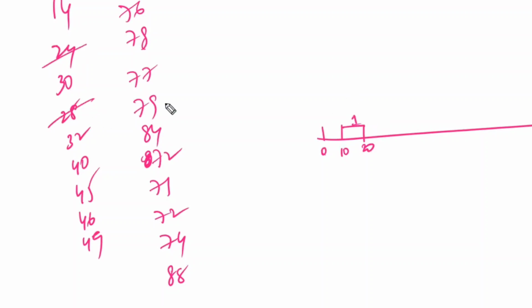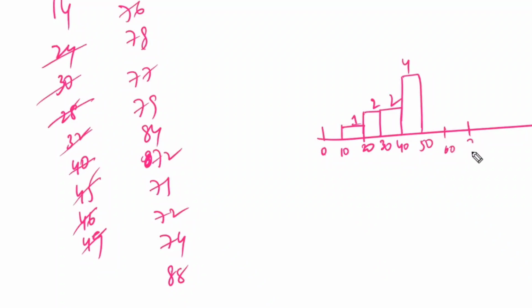So 30 to 40, two values. 40 to 50, 1, 2, 3, 4 values. 50 to 60, no values, empty. 60 to 70, empty. 70 to 80, 1, 2, 3, 4, 5, 6, 7, 8 values. From 80 to 90, 2 values.